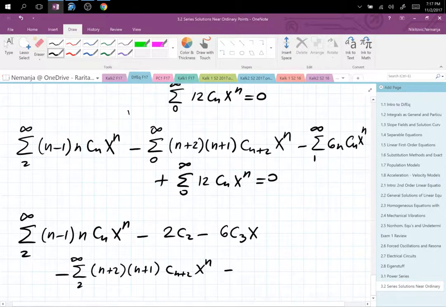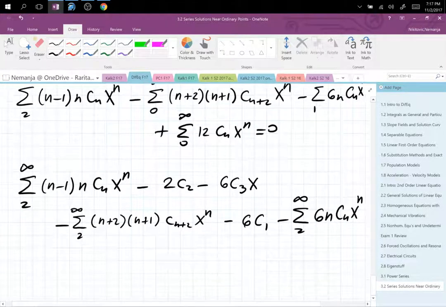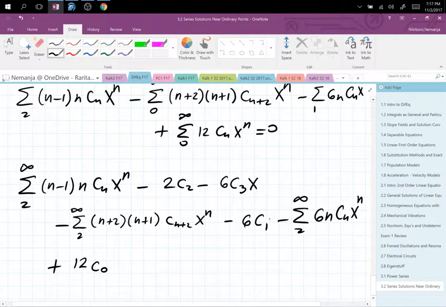So when I peel 1, I get 6 times 1 is 6c1. And then the rest starts at 2. And in the last one, I have to peel 2 terms again. So peeling 0, that's 12c0. Ooh, this needs x over here. c1x.